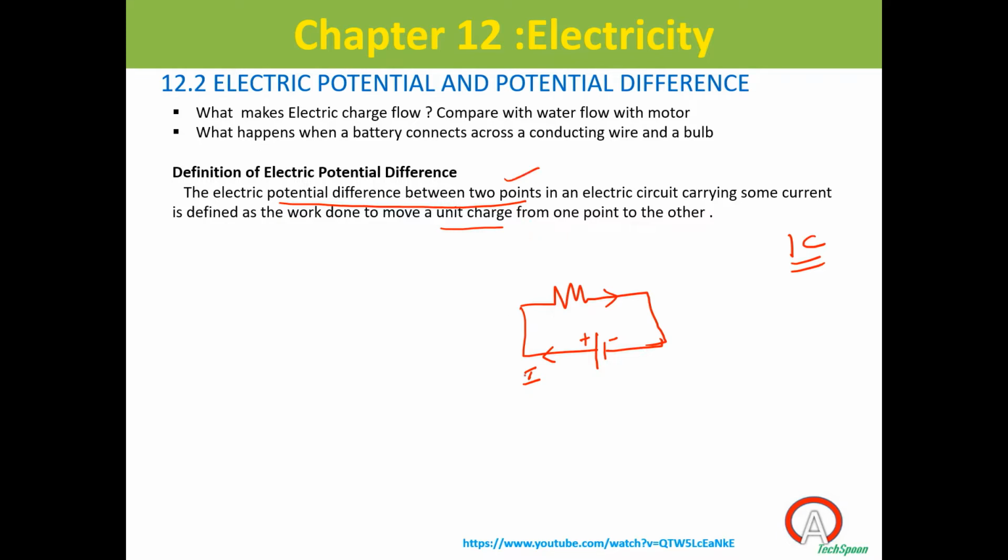Just read that statement and try to understand it exactly. And you have to give me an equation from this definition. If you are able to give an equation for this definition, then you understood it properly.